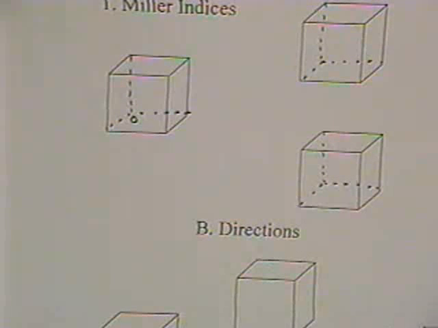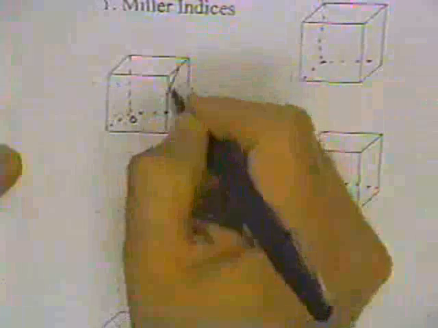Now, Miller indices look formidable, but they're really simple. And I'll show you right here. What's the value of Miller indices? Well, if you're going to talk about a particular kind of crystal plane, then the numbering system is true for all the planes. The unit dimensions of the cell may change, but the particular plane would be the same for any of them. Let's consider this plane right here.